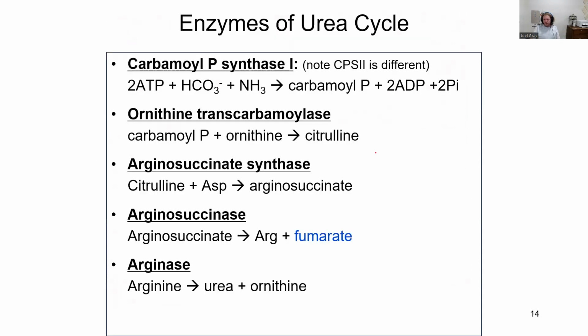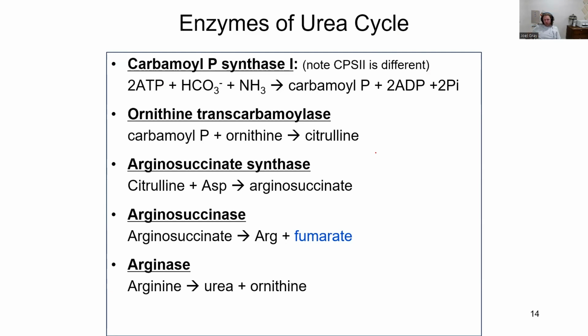With that in mind, here are the enzymes of the urea cycle. Carbamoyl phosphate synthetase is an enzyme that utilizes 2 ATP, HCO3, and NH3 to make carbamoyl phosphate, 2 ADP, and 2 inorganic phosphates.